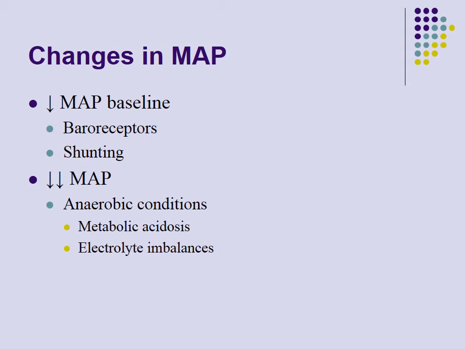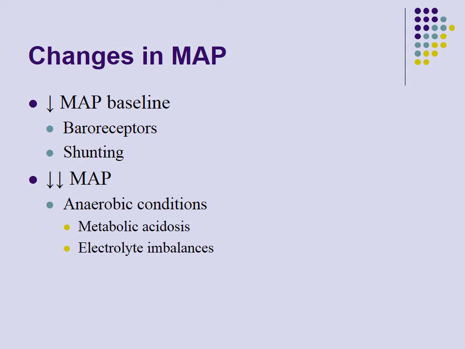So instead of having a mean arterial pressure of 65 that I started with, I now have a mean arterial pressure of 60, maybe 55. As that drops, the baroreceptors that are located in our aortic arch and our carotids are going to note this change. And so they're going to start shunting blood to the vital areas.